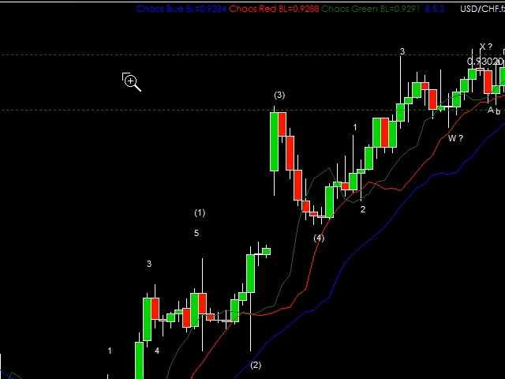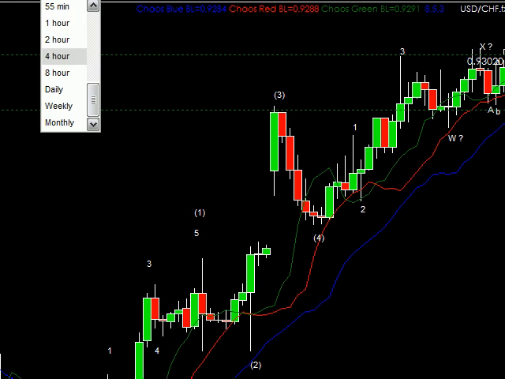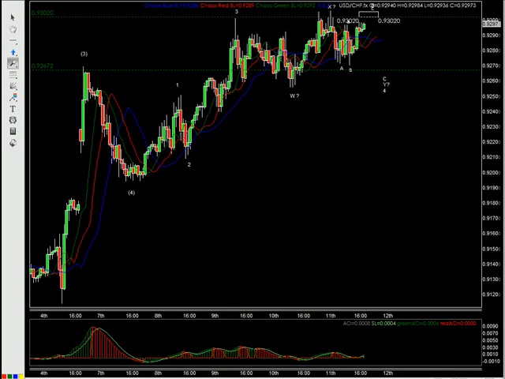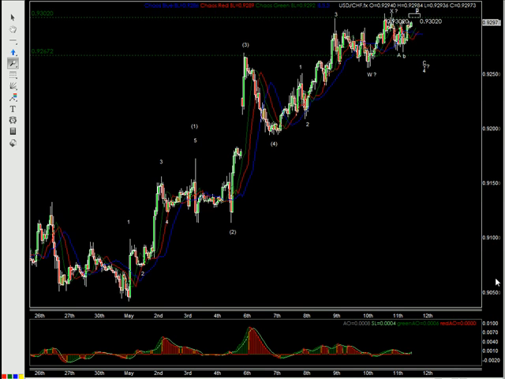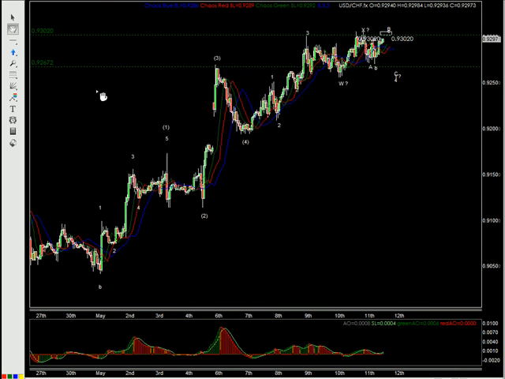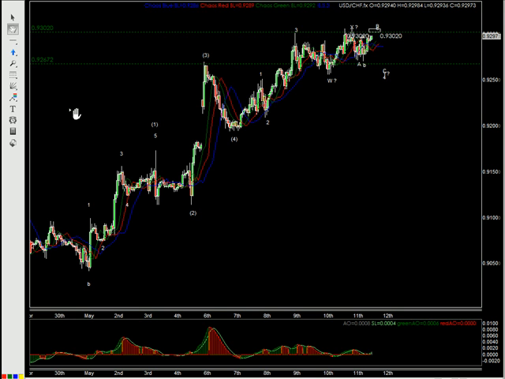Now, obviously, 4 hours is actually too broad a time frame. I'm going to scale down. Okay. On the 1 hourly, this is my wave count.